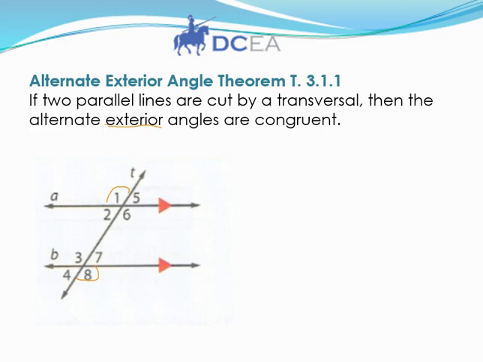So we learned that angle 1 was congruent to angle 8, and angle 5 was congruent to angle 4. They're outside the lines and they're opposite each other, or alternate of each other.